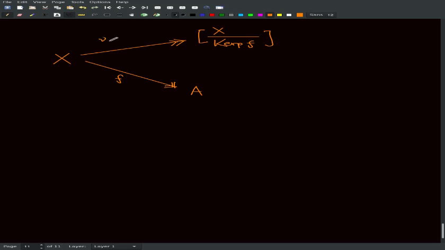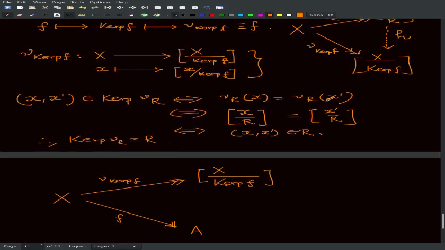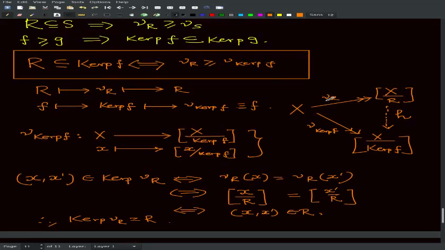So x, this is your x by kernel pair of f, and you started off with this thing. Okay, and this is nu of the kernel pair of f. Now let's recall this again.